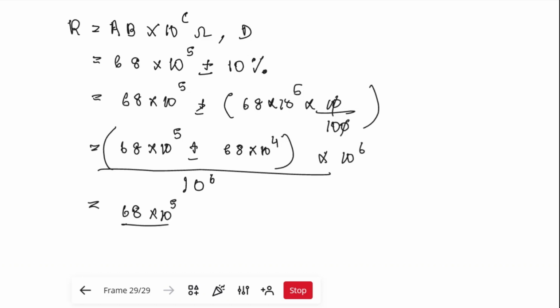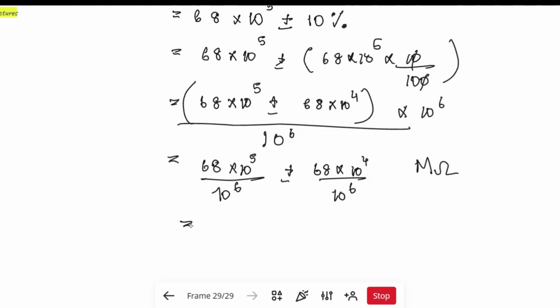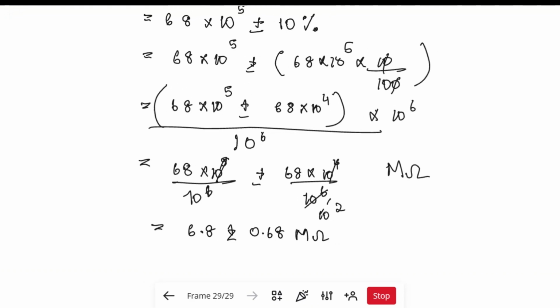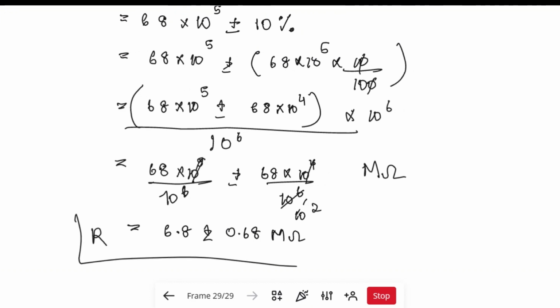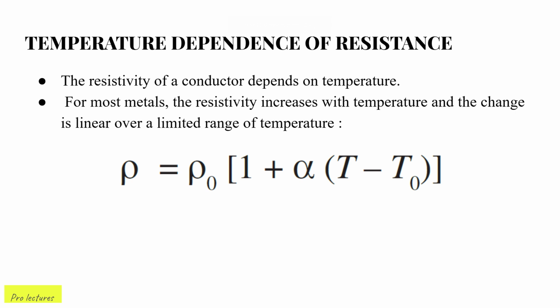So 68 into 10 to the power 5 by 10 power 6 plus or minus 68 into 10 to the power 4 by 10 power 6 mega ohm. 10 power 6 is mega, which is 6.8 plus or minus 0.68 mega ohm. This is the resistance value.